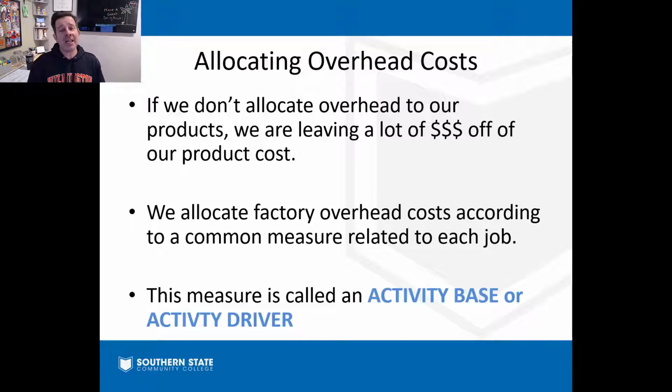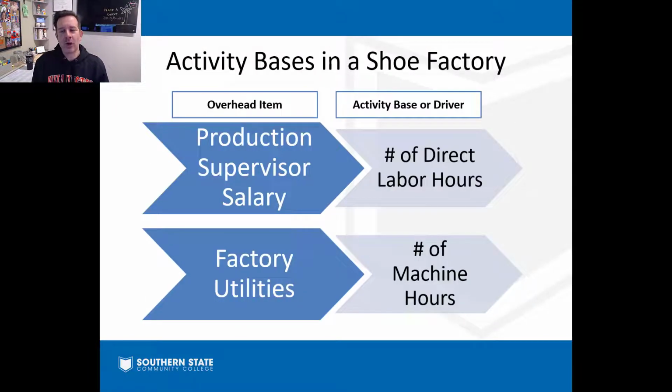So we allocate that factory overhead according to a common measure that's going to be related to every job we do. That common measure is referred to as an activity base or an activity driver. What's driving overhead? Kind of the idea here. So in a shoe factory, like at Nike, maybe our overhead item is supervisor salary on that factory production line.